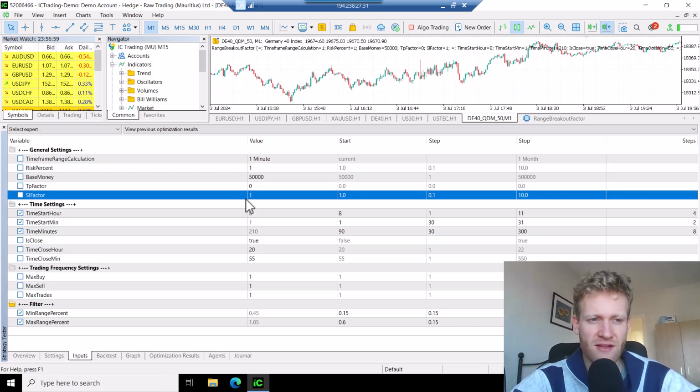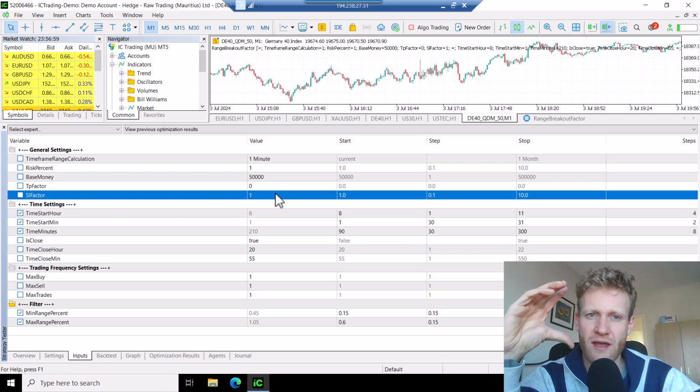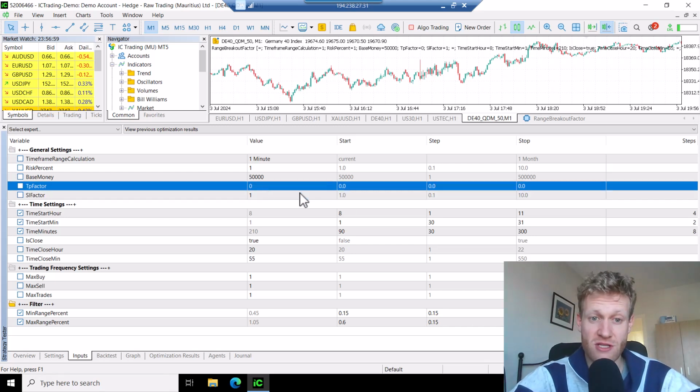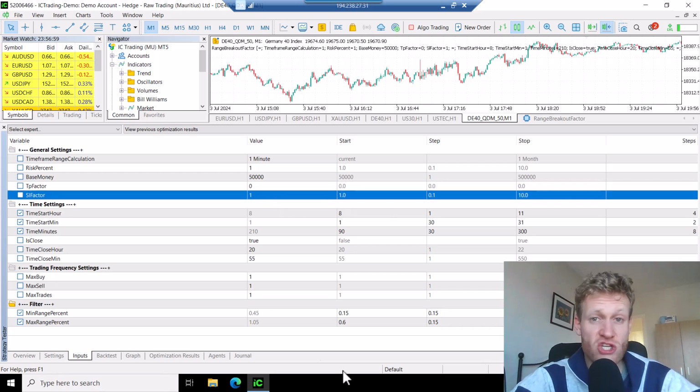The stop loss factor is something that you could optimize, but in this case, I also did not optimize this, because to me it just makes sense that if you base your trades on this range, and you trade a breakout or 2 breakouts, it makes sense to put the stop loss on the other side of the range, because this is your initial idea, right?